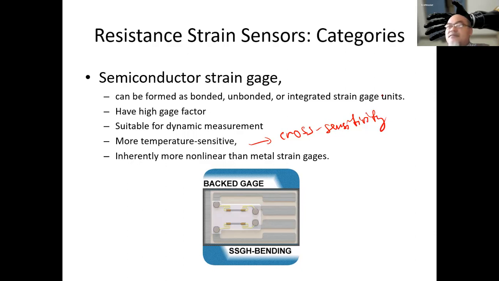So how do we handle that problem? Usually you have another sensor of the same type and the same material, but you put it in a region of that structure which is not subjected to the same strain, while having the same temperature change. One sensor is sensitive towards the strain as well as temperature.